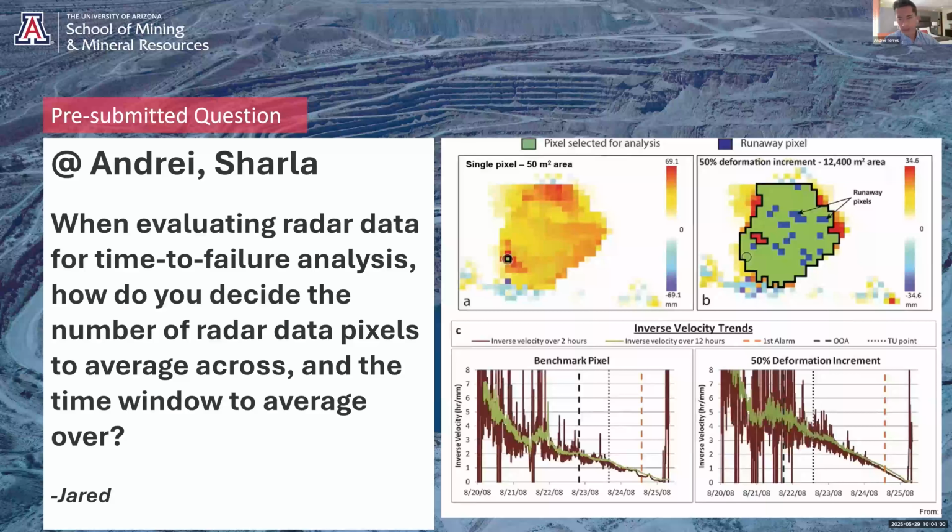When the failure process is increasing its speed, you will notice that the long calculation period doesn't represent very well what is happening with the slope. So you will need to use a shorter calculation period to get a better trend, right?